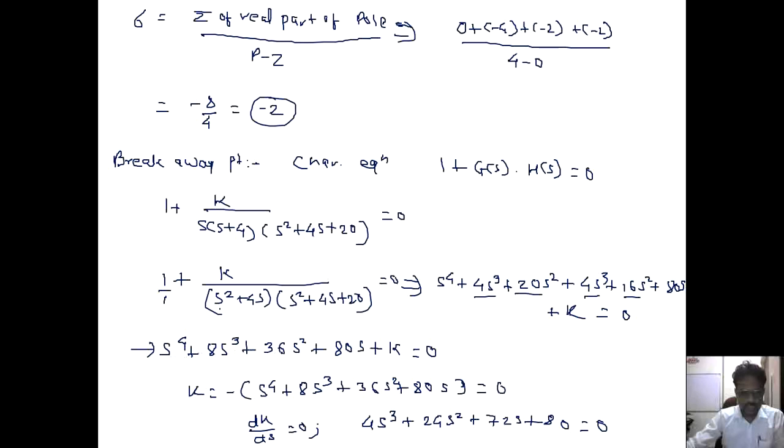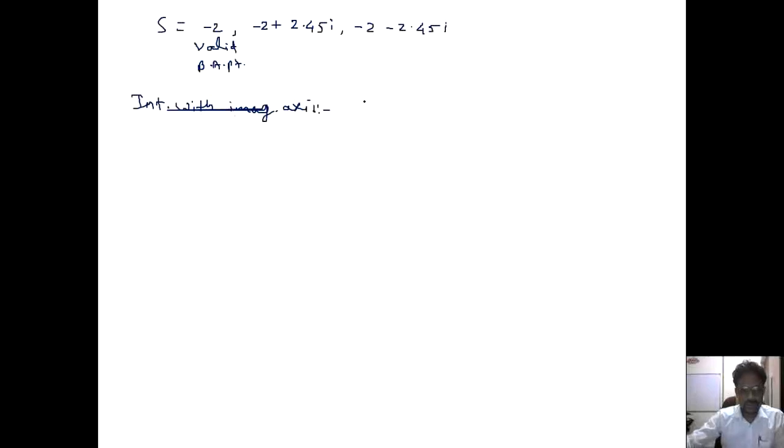So s raised to 4 plus 8s cube plus 36s square plus 80s plus k equal to 0. Now we need to arrange the Routh array.